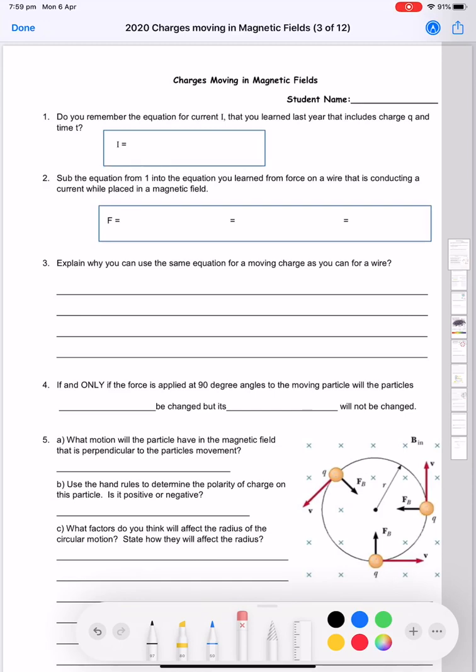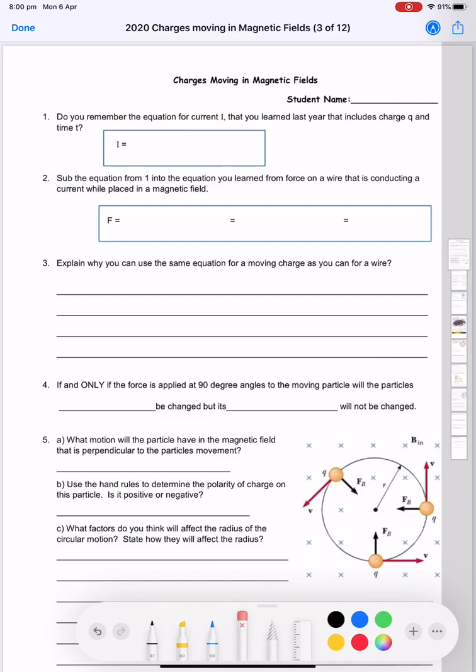But now the charges are going to be single particles, such as a single electron or a single proton or a single ion. And that ion, proton, electron will be able to move freely inside this magnetic field.